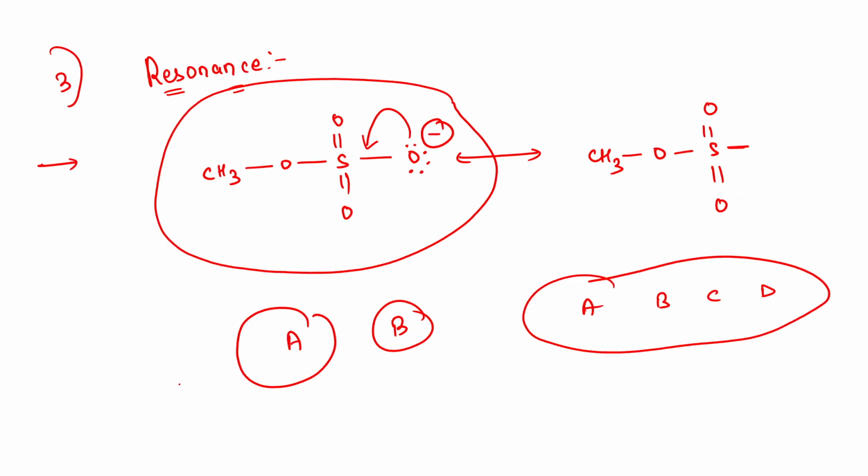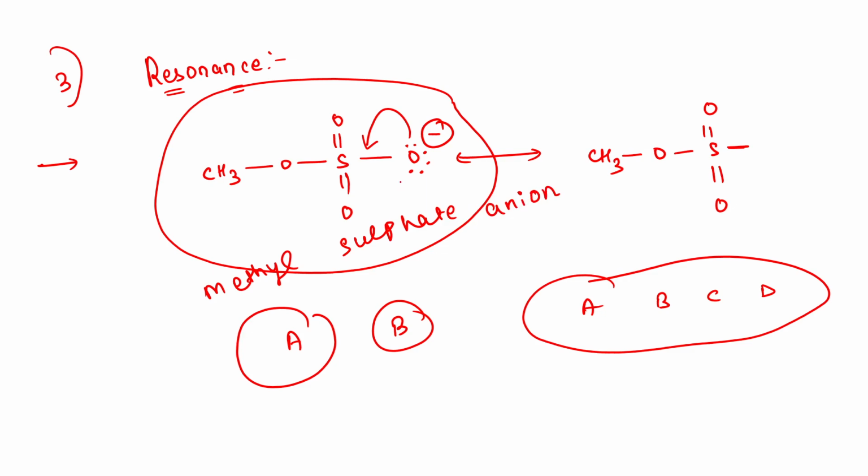Now we had studied about the resonance, how resonance decreases the basicity, how resonance can turn a particular molecule into a poor base, right? So if any molecule is resonance stabilized, for example, this methyl sulfate ion, this methyl sulfate anion is resonance stabilized, and therefore it will act as a poor base.